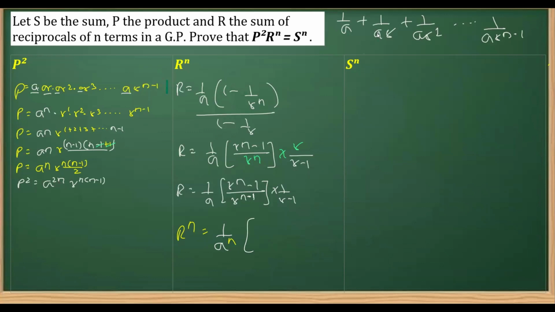Likewise, this is r raised to the power n minus 1 over r raised to the power n. If I write it separately, it's going to be what? r raised to the power n minus 1 raised to the power n for this power. And this is r. Placing an n power over here is what? n into n minus 1. And that multiplied by 1 over r minus 1, and that over power n.